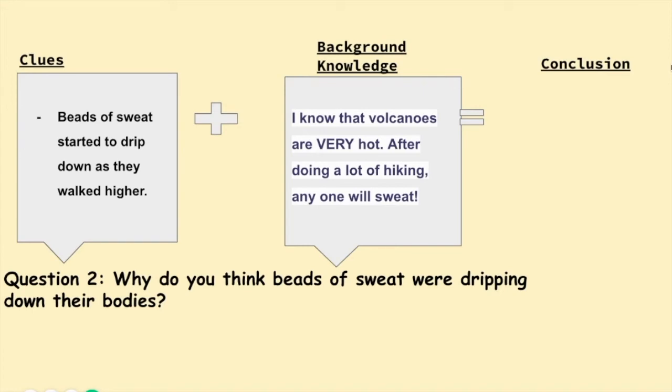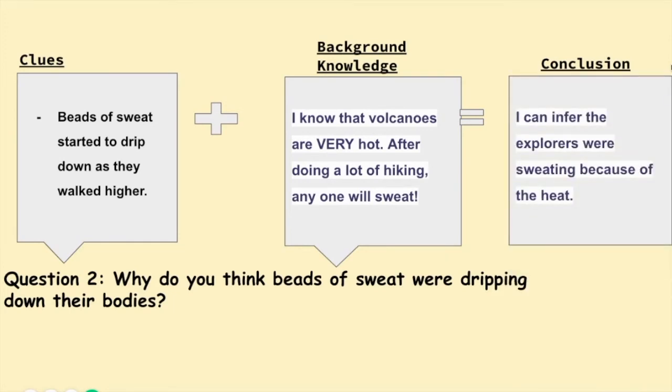Inside a volcano is lava, so it makes sense that even though you're not inside of it, you would still be able to feel the heat that comes from it. And I also know that after doing a lot of hiking, anyone will sweat. So I can infer the explorers were dripping beads of sweat because of the heat.